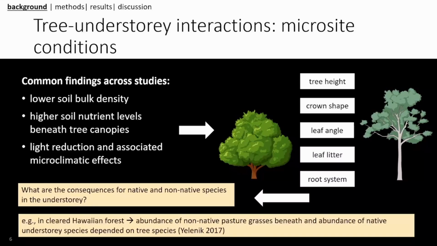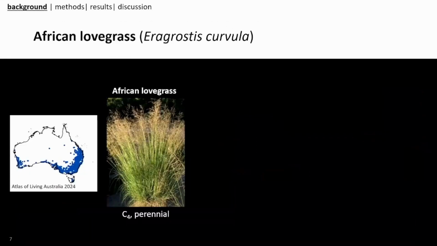And these nuanced differences could also have implications for an ecosystem such as the lowland grassy woodlands, because we have a high number of non-native plant species there, and also some invasive plant species.